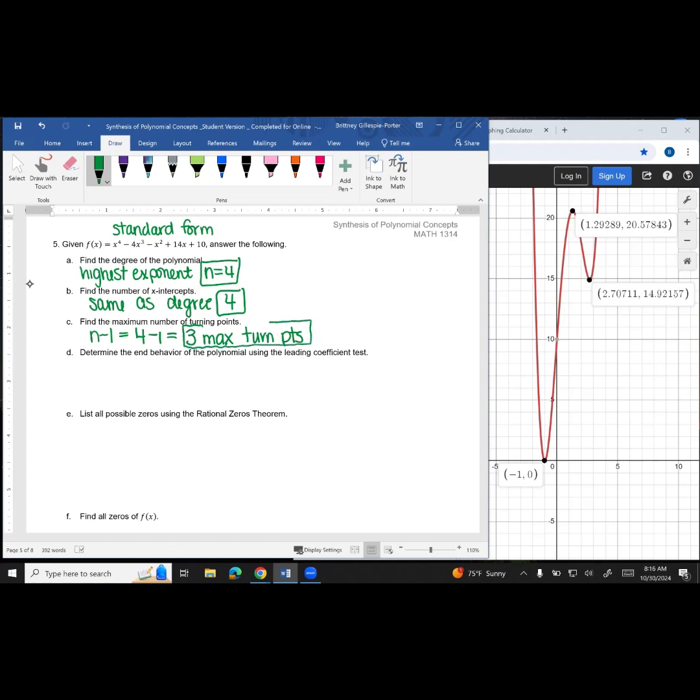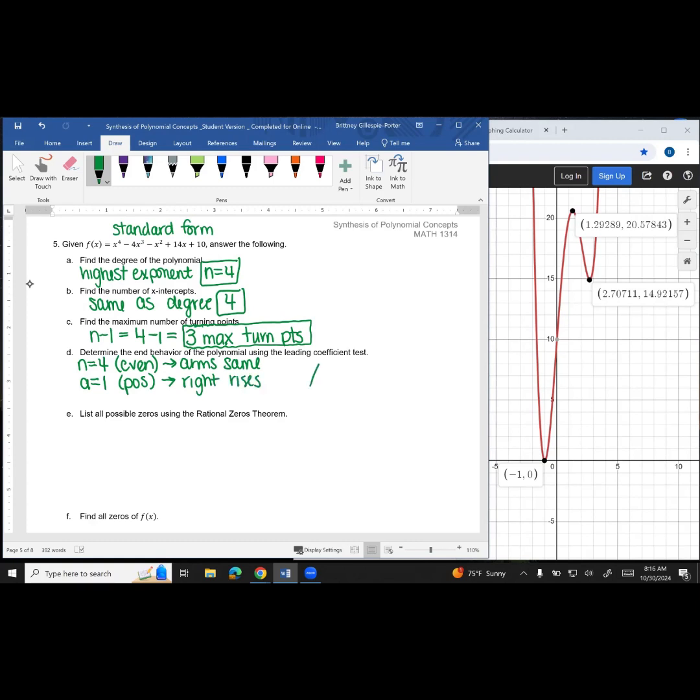Our end behavior of the polynomial is what's happening on the ends or on the arms. And we need to pay attention to our leading coefficient and our degree. Our degree is 4, which is even, and because it's even, we know that the arms are the same. And since our leading coefficient is 1, which is positive, we know that the right side rises.